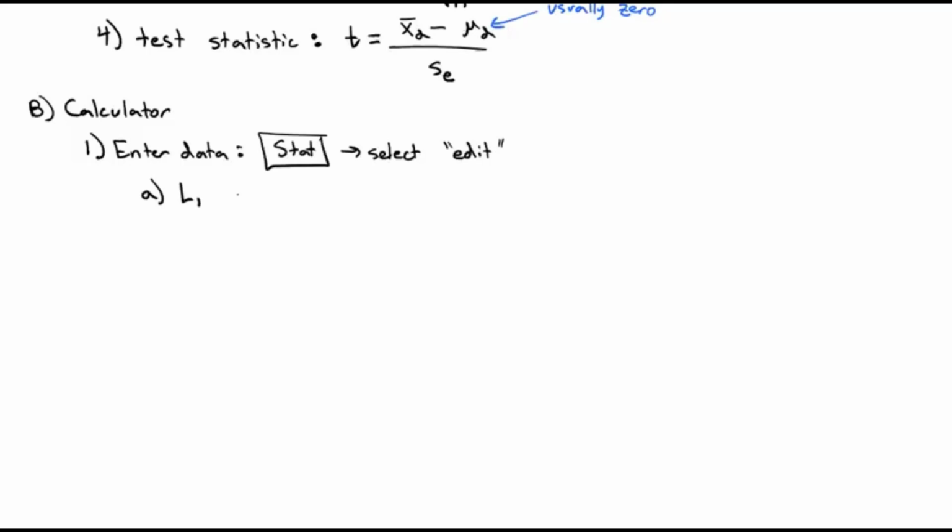And then in L1, you're going to enter the before data, or the first set of data. And then in L2, you will enter the after data, or the second set of data.